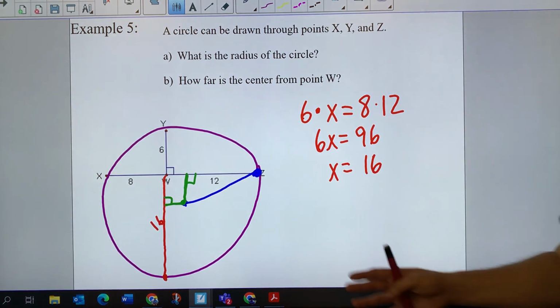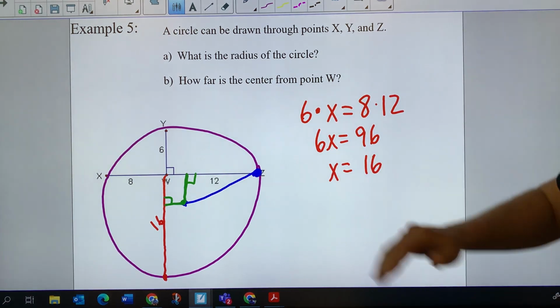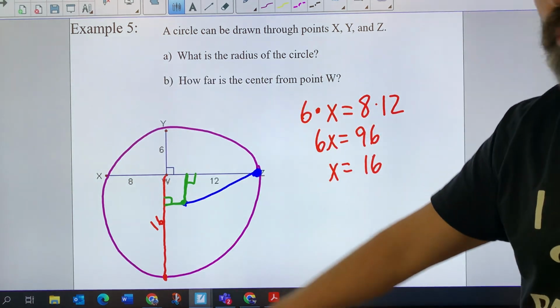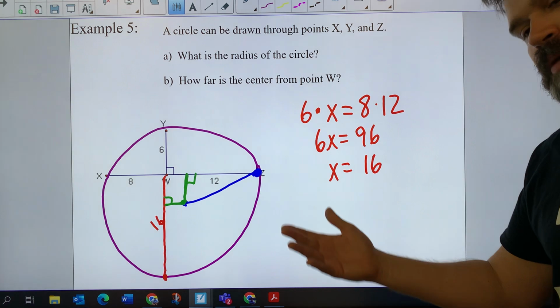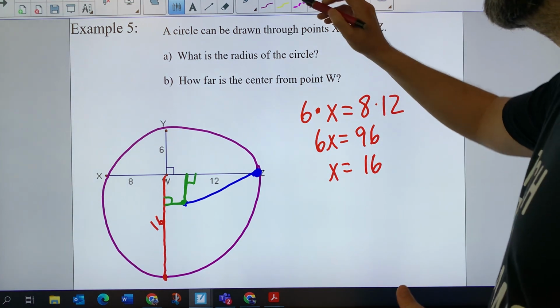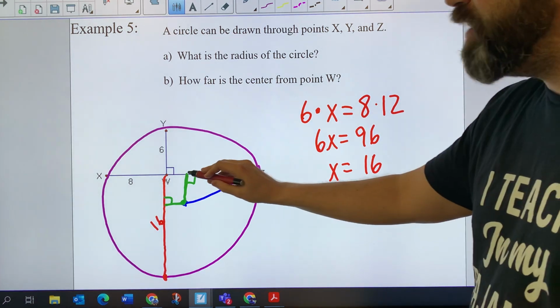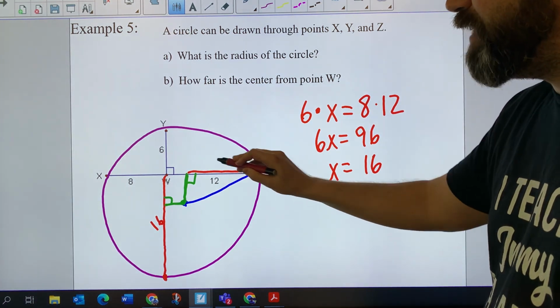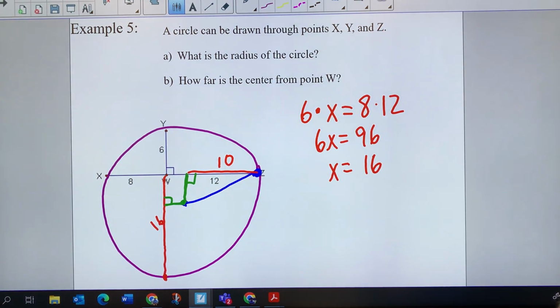And the great thing is, I know, without a doubt, that those green lines are going to bisect those chords that they hit because they come from the center. They are perpendicular, so they must bisect. And so what that means is, I know that this little red segment right there is 10 because the whole chord is 20, so the red segment has to be 10.